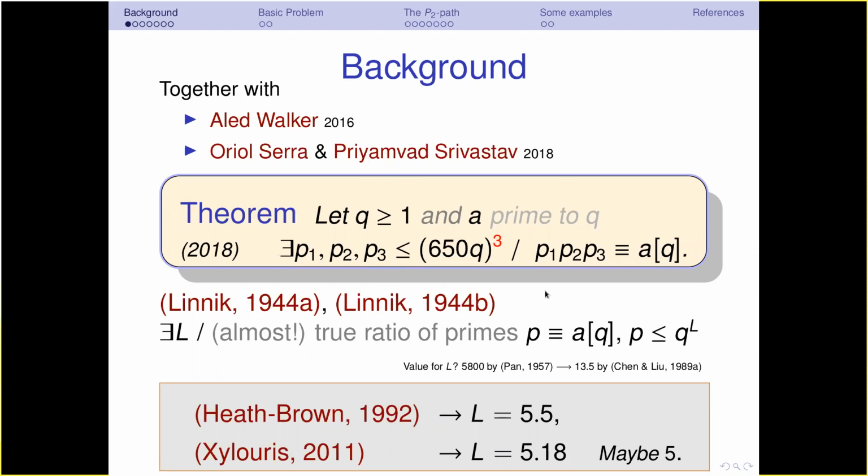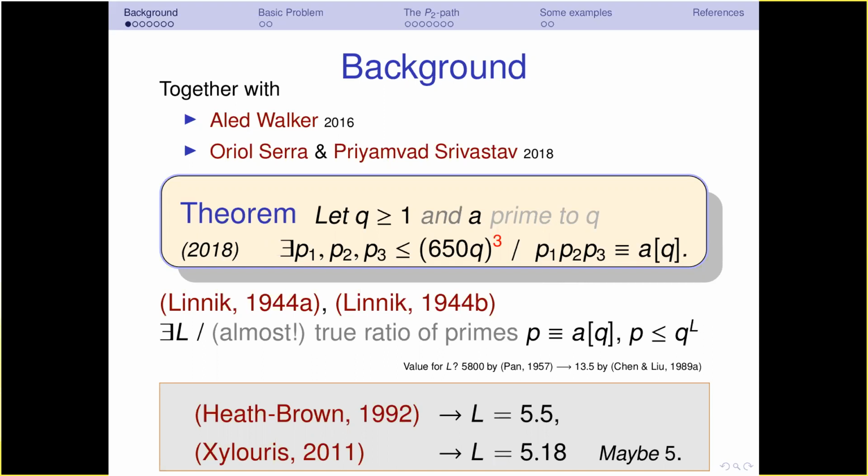Just to put people on the same page, if you ask only for 1 prime and not a product of 3, we know that there exists a constant so that there is a prime p congruent to a modulo q and p less than q to the L, that's the constant. And that's a very difficult proof, whether you follow the work of Linnik or some more modern proof.